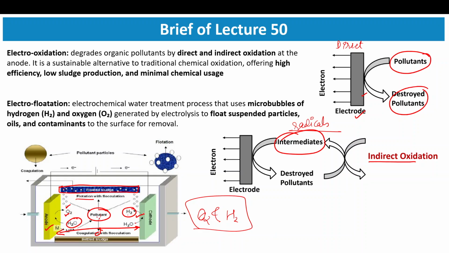But they were earlier dispersed in water because of the emulsion formation. So now, when they are taken up to the surface of water, they will float, and you can use skimmers to scrape off the surface and remove the pollutants, suspended particles, and oil which have been collected on the surface of water, right?